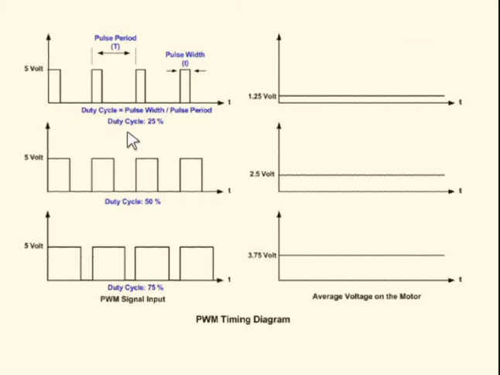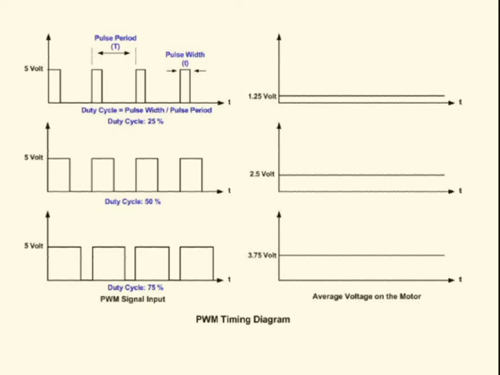First case, consider a duty cycle of 25%. That means out of the 100%, 25% of the time is on time and the remaining 75% is off time. So from this diagram we can say that it is a 25% duty cycle. The output voltage is 25% of the input voltage.